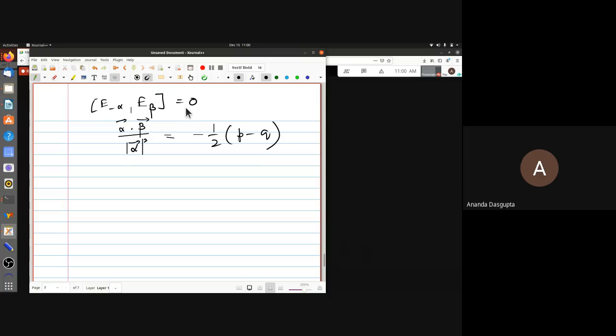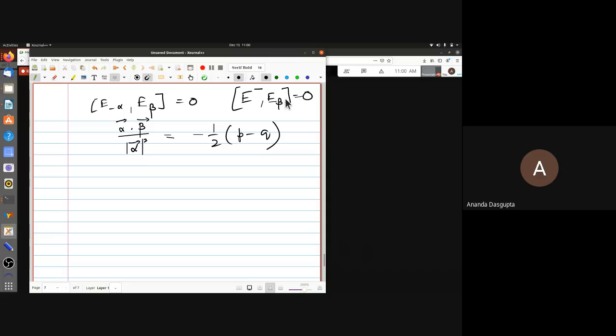But what is this? This is trying to shift. E minus alpha commuting with E beta is nothing but telling you that E minus, corresponding to the alpha subalgebra, must be 0, which means trying to shift by hitting with E minus. Remember, E minus commutated with E beta is nothing but E minus hitting E beta. That's where the shift comes from. That makes the thing vanish.